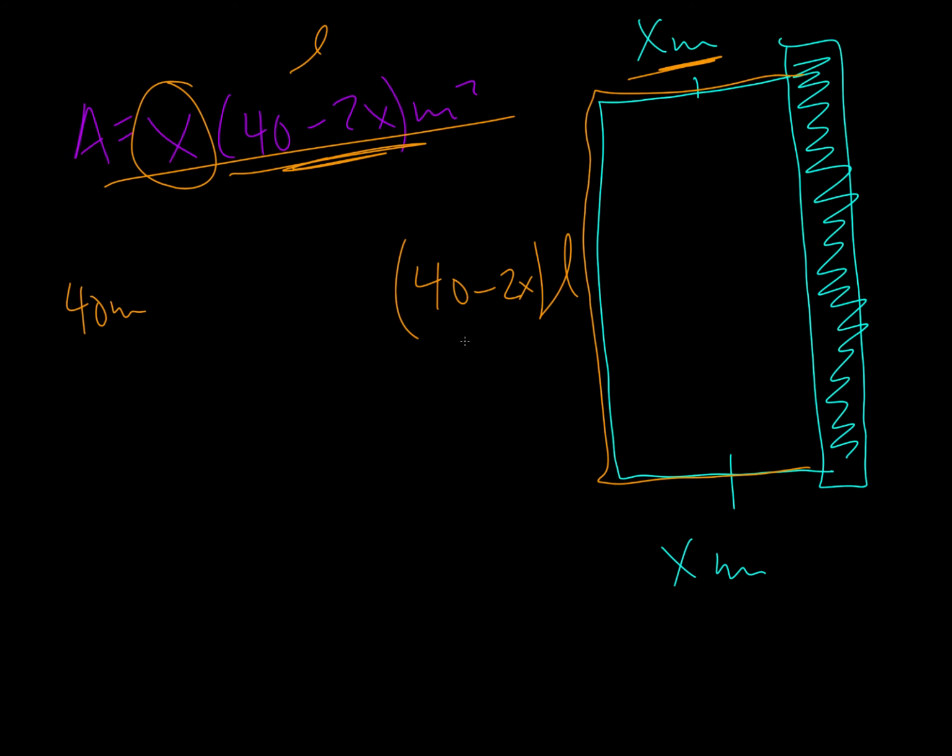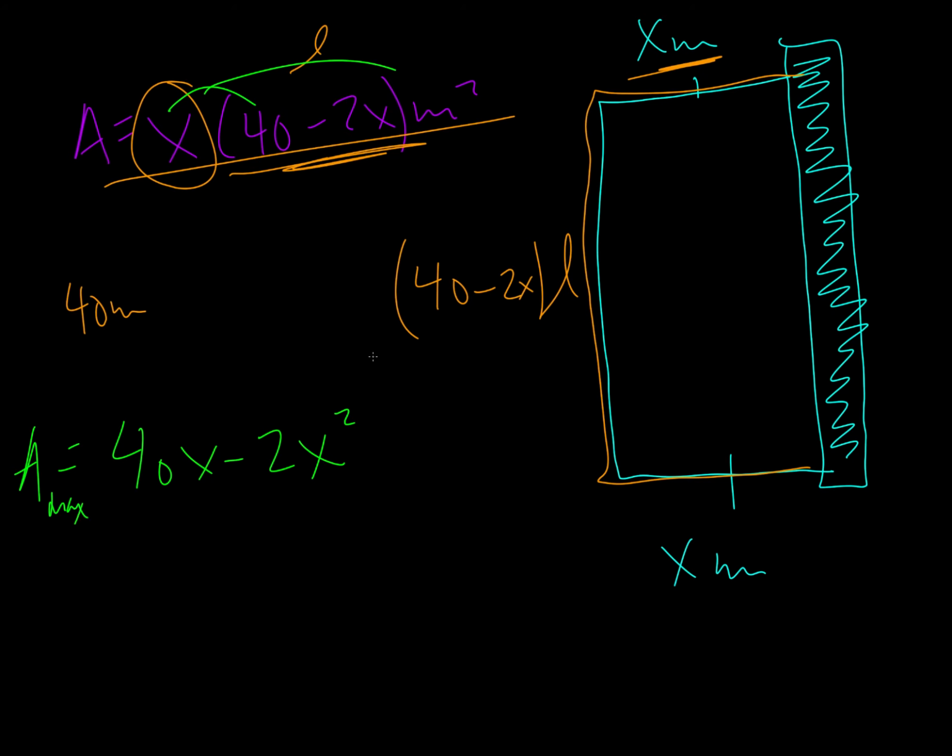Okay, now we want to maximize this area. We want it to have the greatest area possible. And so we're going to distribute this first. And so we get 40x minus 2x squared equals the max area.